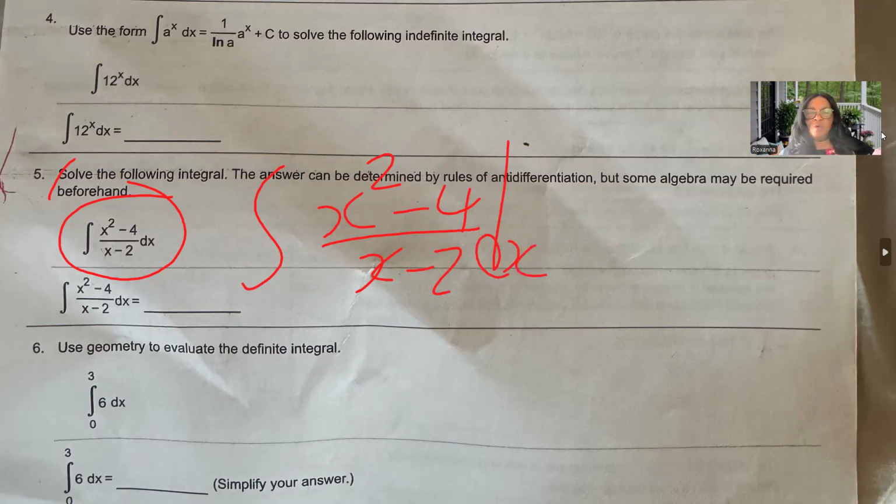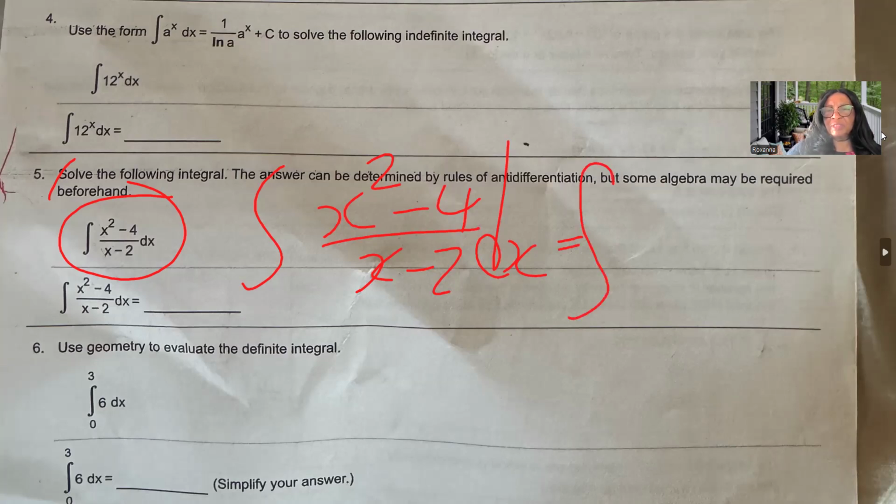Well, if you look well, you will notice that the numerator is a difference of 2 squares. So you want to rewrite, simplify using all the algebra you need to use so that you are integrating the simplified function. So this is the same as integral.